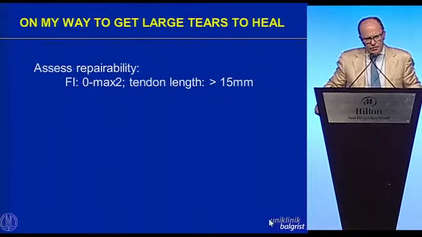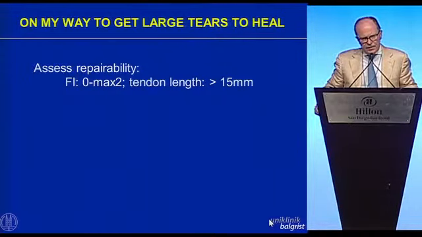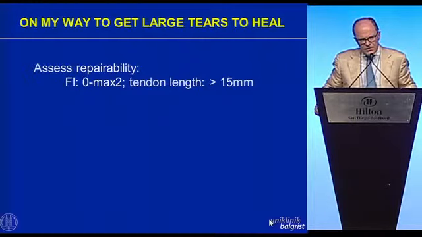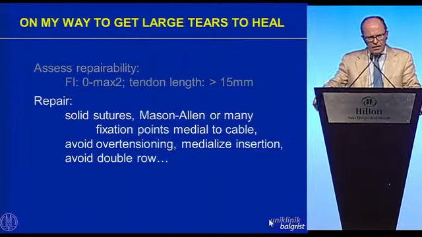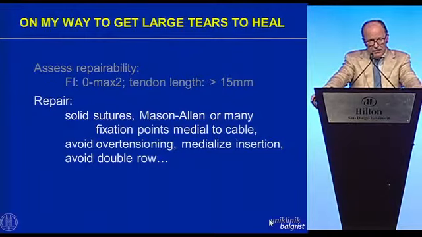If you want to successfully repair, do it in fatty infiltration stages 0 to 2, and with tendon length of more than 15 millimeters. If you use a repair, use solid sutures, either Mason-Allen stitches or many fixation points, medial to the cable.